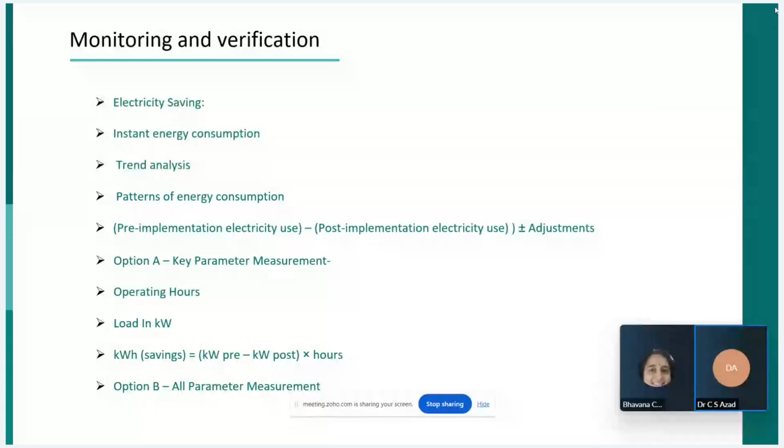What are the key parameters that have been measured? There may be some measures you might have carried out, but power quality may suffer. Power quality means your frequency and your harmonics, which should not be compromised by your DSM measures. All this data, that is baseline data and post-implementation data, is collected for monitoring and verification of demand side management implementation.